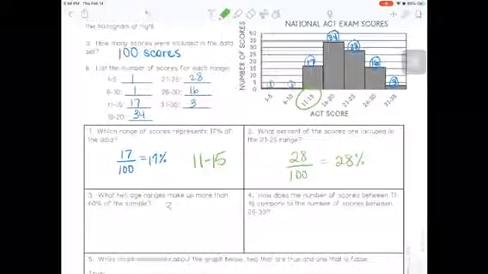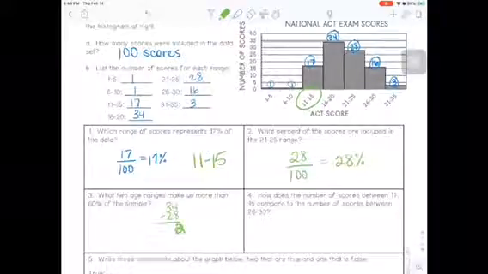Let's see, 34 plus 28 is 62. So I would say 62% is more than 60%. So we're going to go with ACT ranges 16 to 20 and 21 to 25.